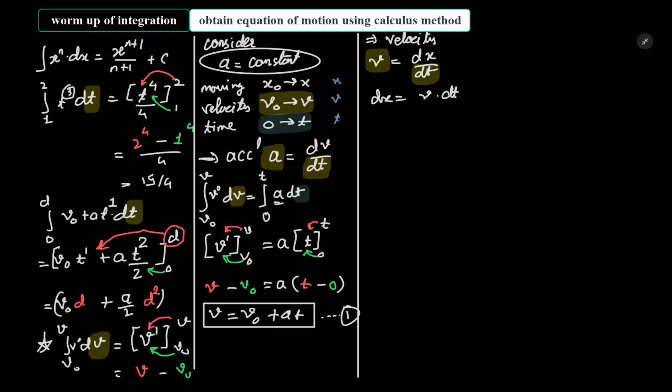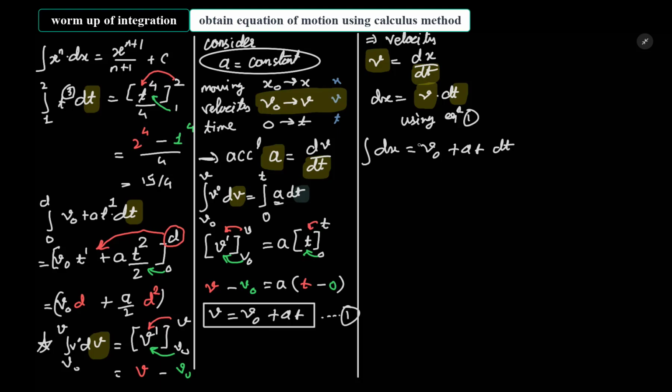Now on the right hand side, your variable is t, and v is not a constant term. That means we have to convert v in terms of t using equation number 1. We have v equal to v0 plus at. So substitute over here. We will get dx is equal to (v0 plus at) dt.